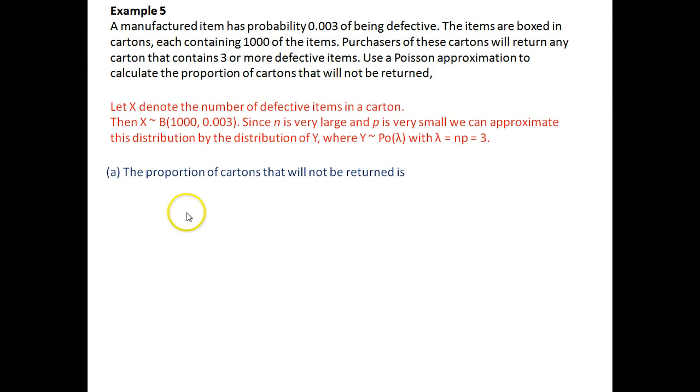We want the proportion of cartons that will not be returned, which is if there are less than or equal to 2 defective in the carton. That x can be approximated by y less than or equal to 2. So we're looking at tables with 3 as our parameter, up to and equal to 2, and we get 0.4232 from the tables.